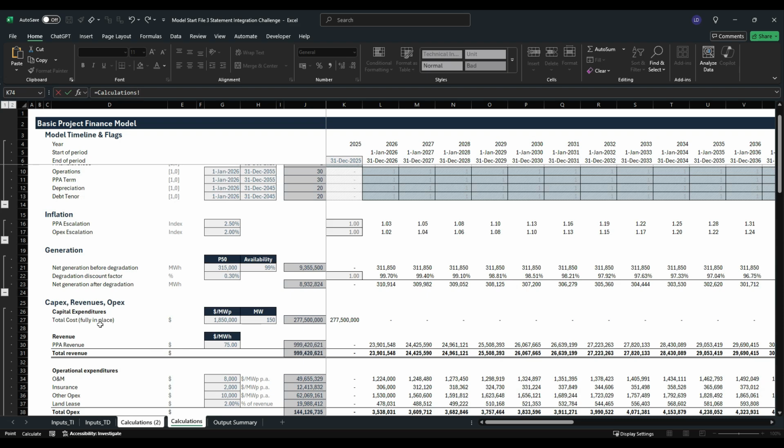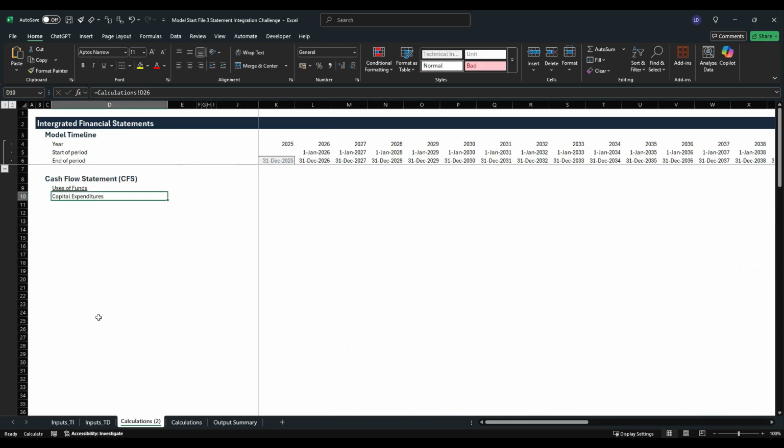I don't want to pick up total costs because it's not as clear. So let's just pick up the label here, capital expenditures. In more advanced models, you will of course have multiple uses of funds such as development costs, due diligence costs, financing costs. But in our case, we just have capital expenditures.